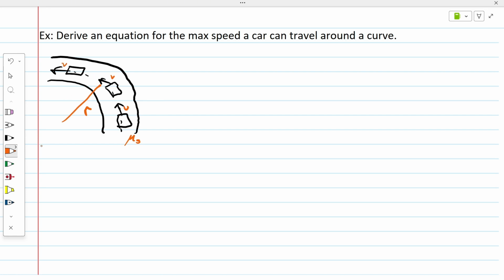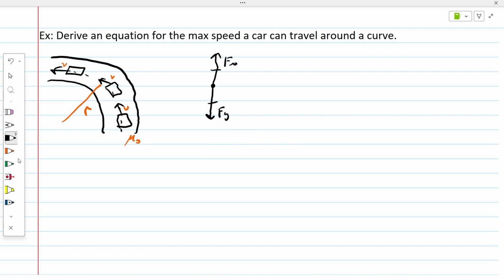Well, let's go ahead and draw our free body diagram. Our free body diagram, I'll just do for any position, is obviously going to have gravity and the normal force, which are equal. And then it's also going to have some force that's keeping it in.